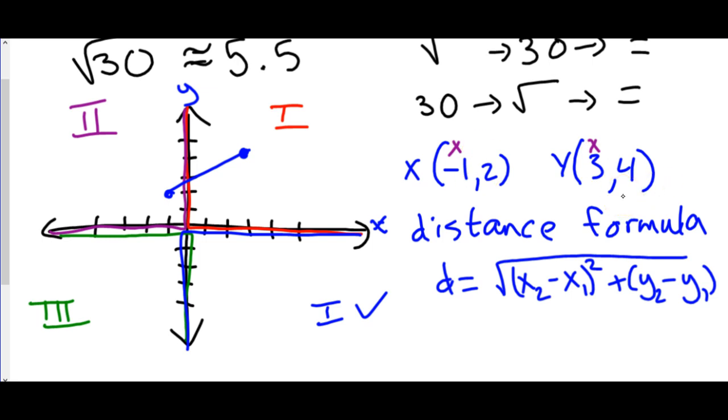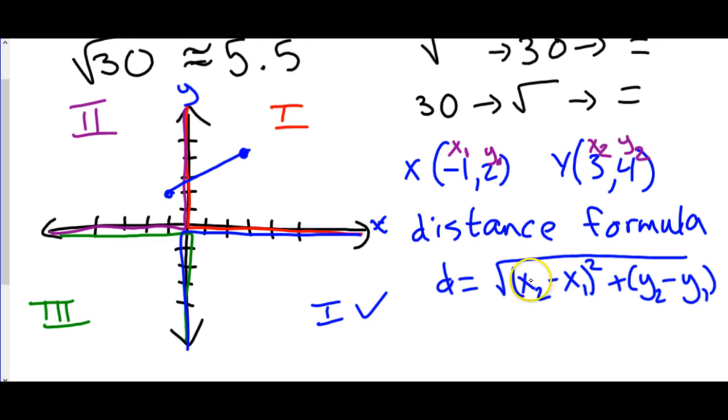So we have to know how they are different. This first one is from the first point, so let's put a little 1 underneath. 3 is from the second point, so let's put a little 2 underneath. Then we look at the y values. 2 is a y value, 4 is a y value. 2 is from the first point, and 4 is from the second point.